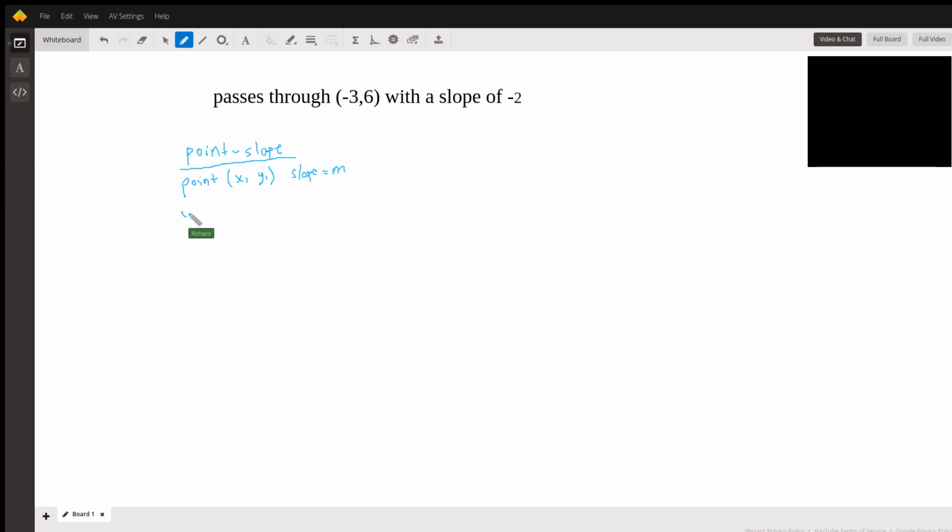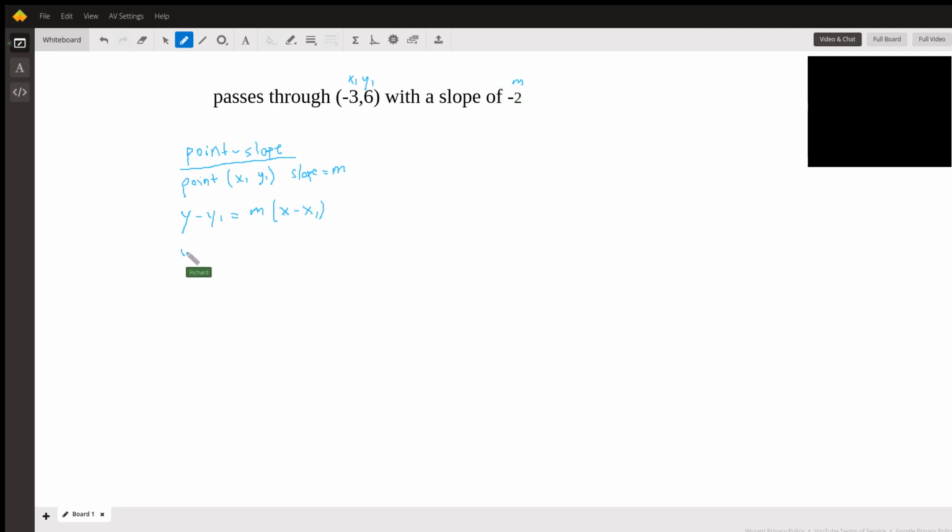So the formula is y minus y1 is equal to m times x minus x1. And now we're going to plug into this the point and the slope. So you can see this is x1, y1 here, and here's our m.